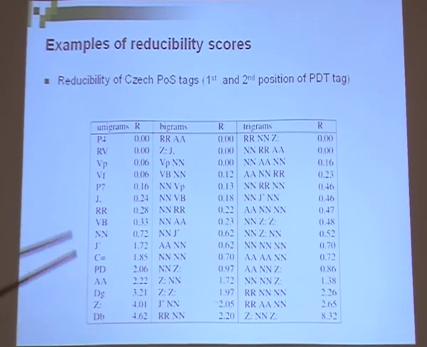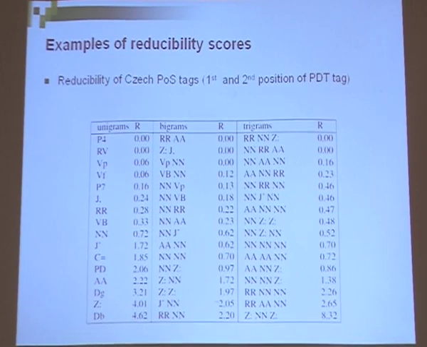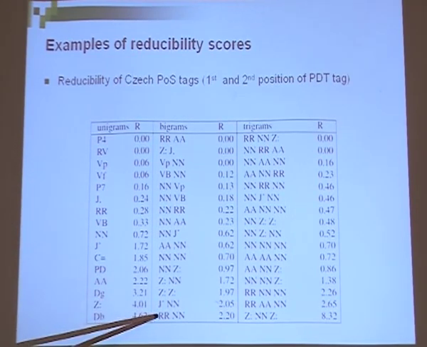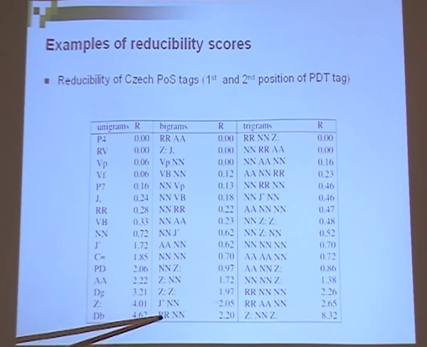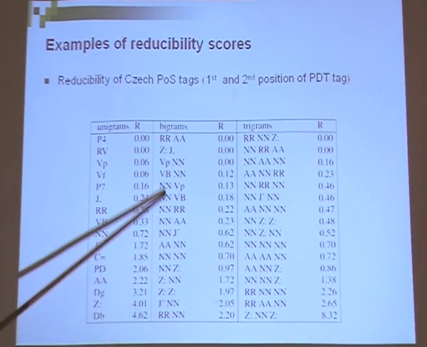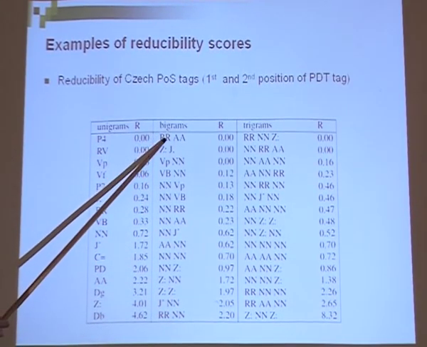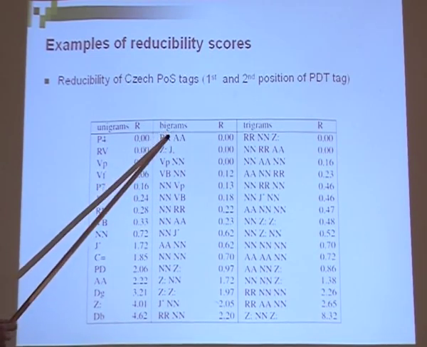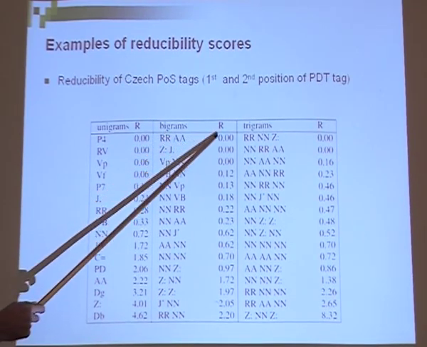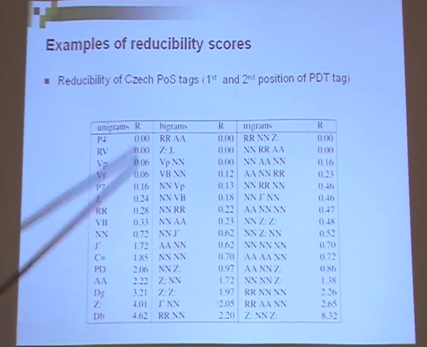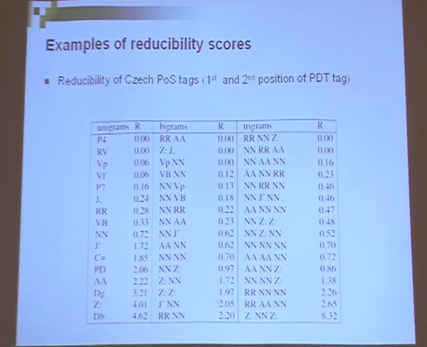So it's quite a good result. Also for the bigrams, very reducible is the bigram preposition-noun and the bigram preposition-adjective, which is also very common in a treebank. The reducibility is very low, here it is rounded to 0.